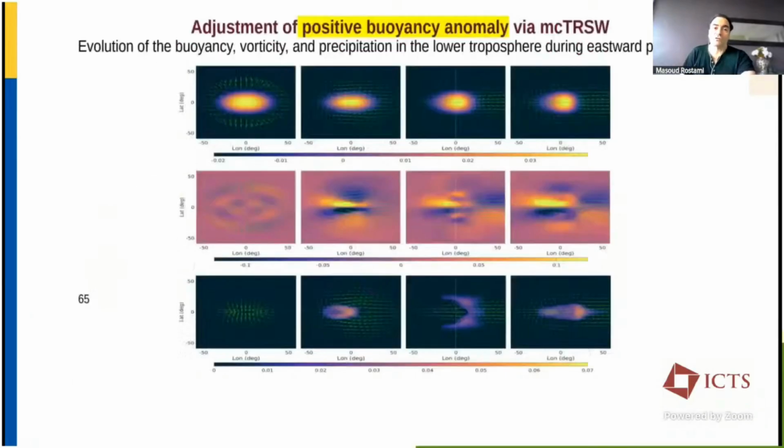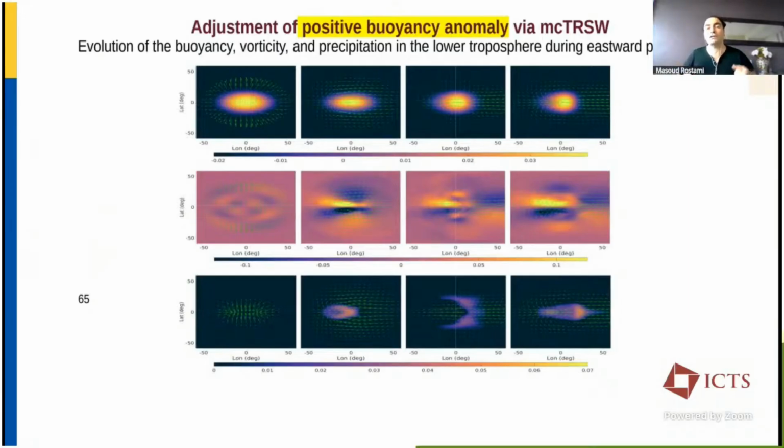As you see, we can also recreate this MJO structure in three ways, just to support this idea. One is a buoyancy anomaly. These panels show the evolution of buoyancy anomaly, which is potential temperature anomaly, or in simple words, high SST anomaly, temperature variation. Once it reaches a threshold value, we have an initiation of moist convection.